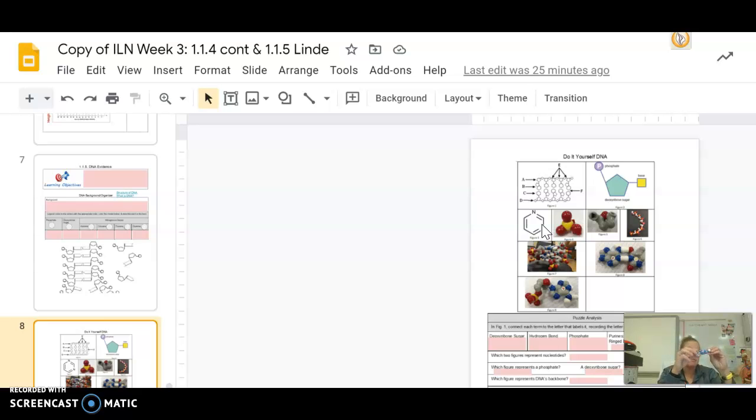So deoxyribose connects right to the nitrogenous base, and then the next piece that we have is the phosphate. When we take a look at the phosphate, you should see that there is a red that's got an opening, and that's going to hook with this silver piece on the deoxyribose.